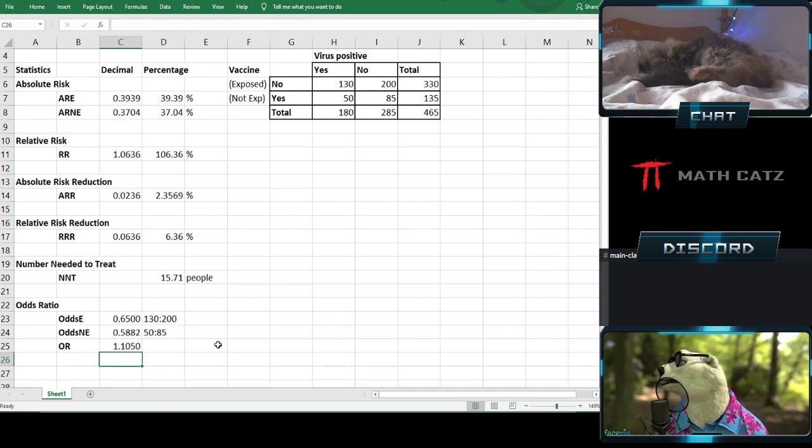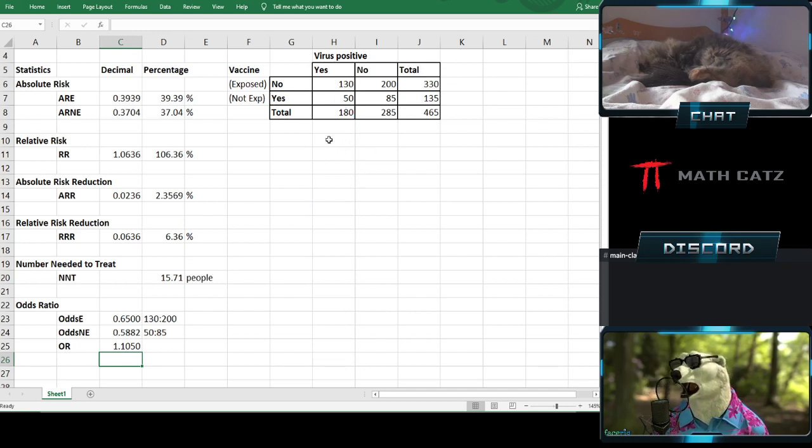Here, the effect of the vaccine based on this information is very small. It's only a 6.36% increase. It's only 2.3-ish% on top of my chances that would have happened.